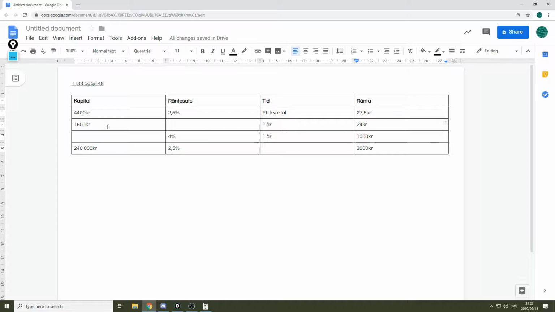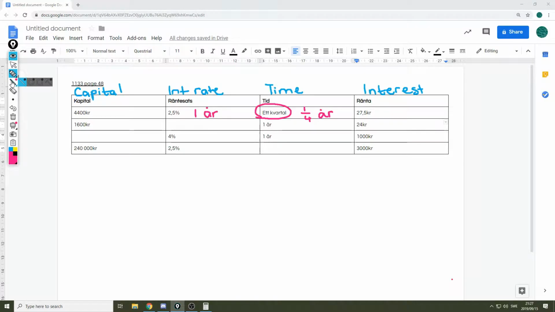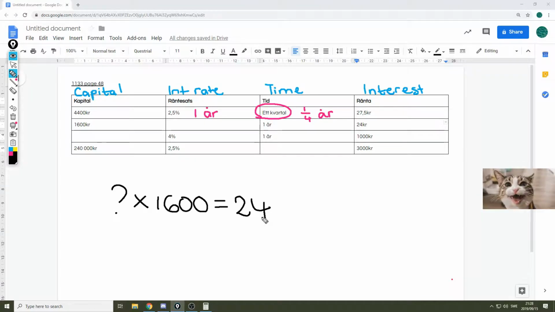Gorgeous. All right, this next one here, our capital is 1,600. I don't know what the interest rate is. It's going to take us a year to pay it back, and I wind up getting 24 crowns of interest at the end. So if we think about this based on other sections that we've done up to this point, here, some percentage, so some kind of fraction, I'll just say question mark, multiplied by my capital is going to give me 24 Swedish crowns.